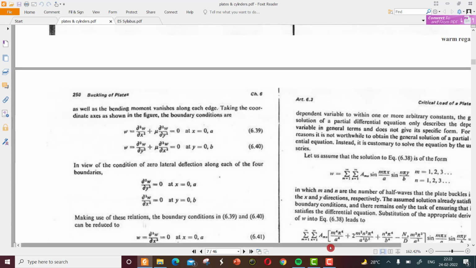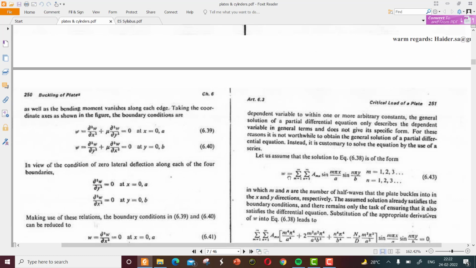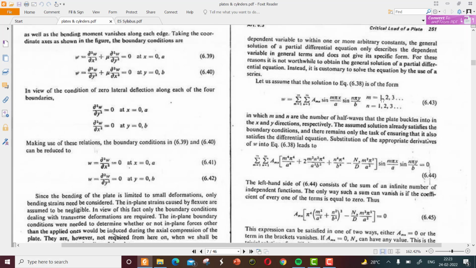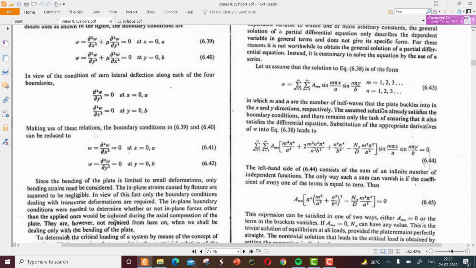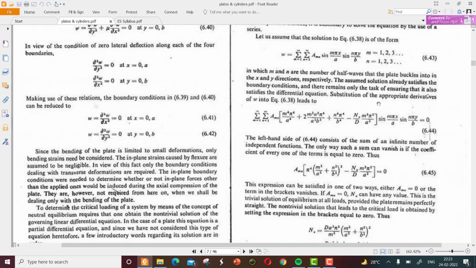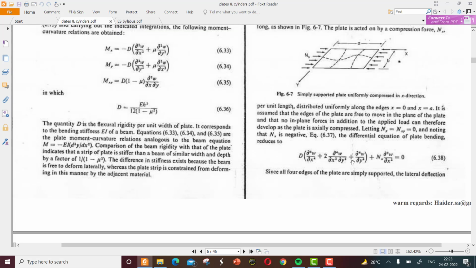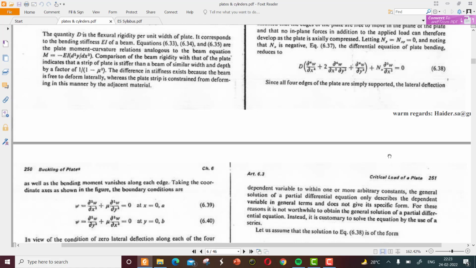So we are assuming a sine curve, and the transverse deflection w is Amn sin(mπx/a) into sin(nπy/b), for m ranging from 1 to 3, and n also from 1 to 3.